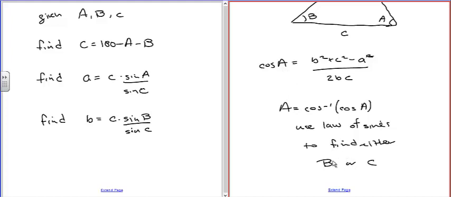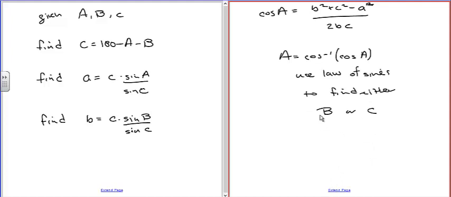We find the second angle using the law of sines, and then once you have two angles, let's say I choose B, find B, then angle C is just 180 minus A minus B.